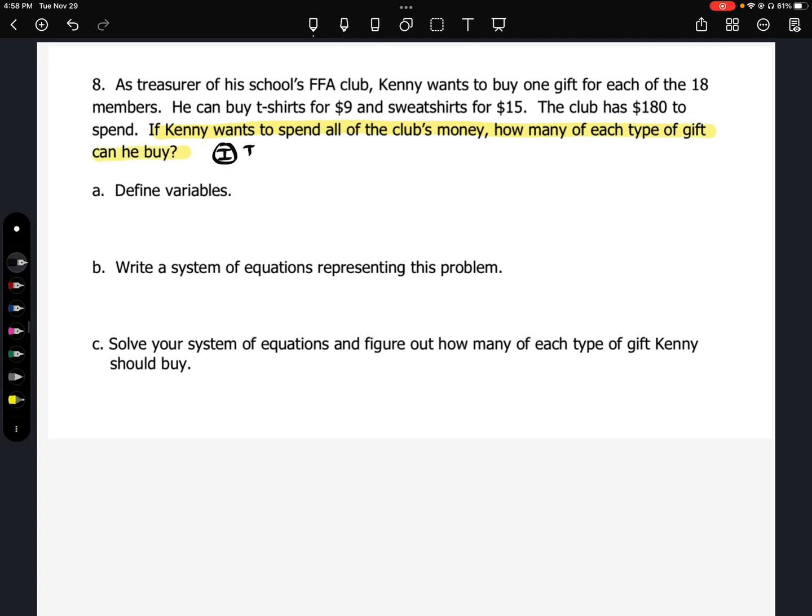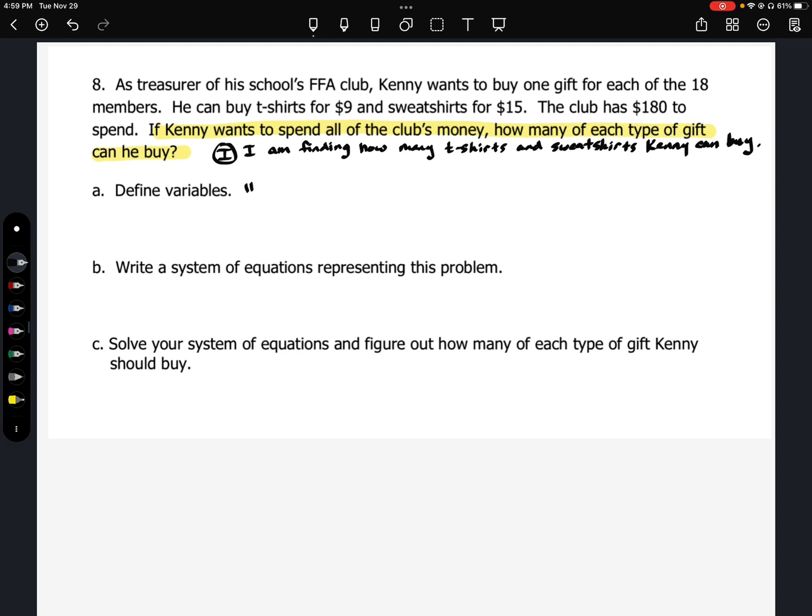So I am finding how many t-shirts and sweatshirts Kenny can buy? Apologize that the marker writes a little thick, so sometimes it's hard to read.